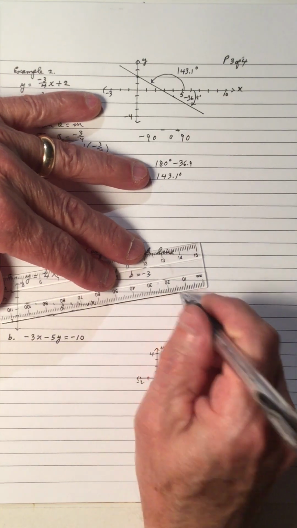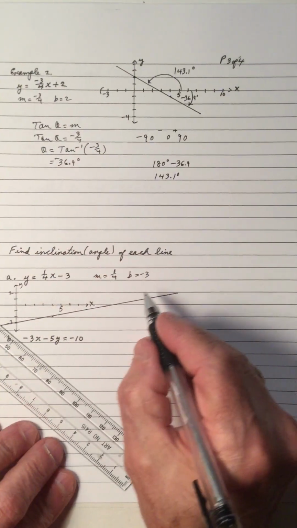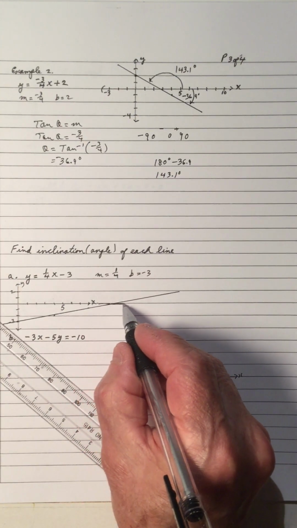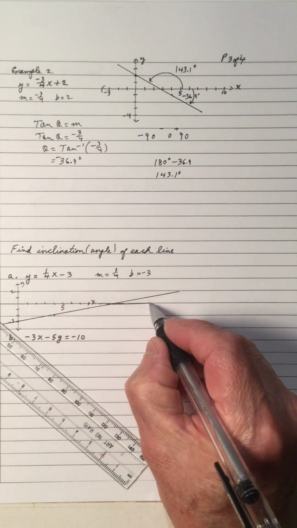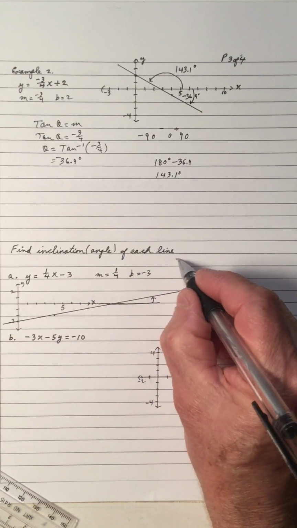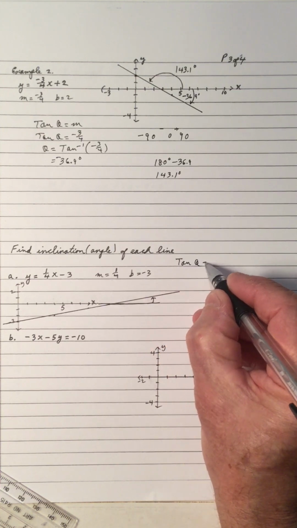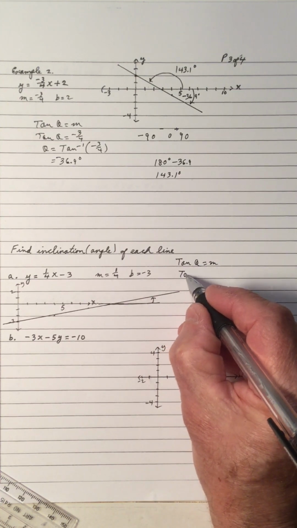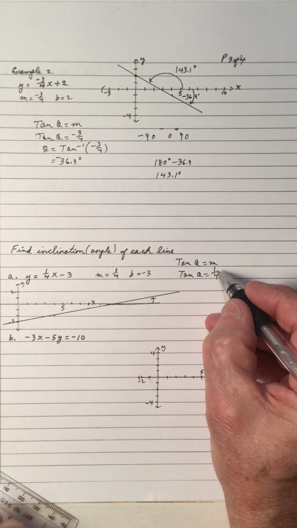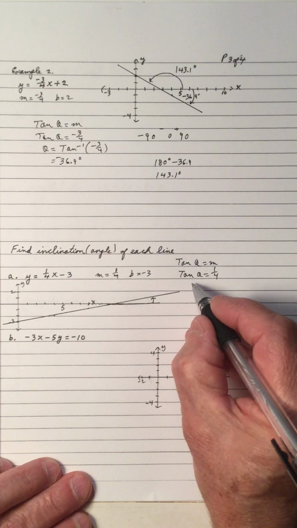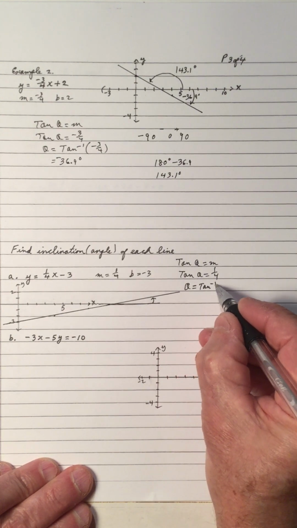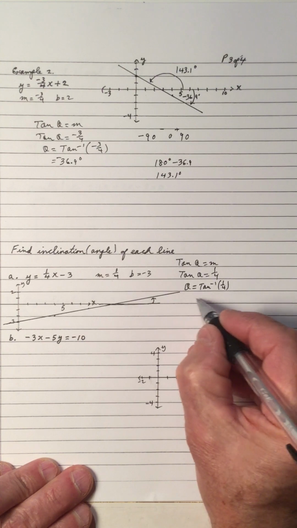So the angle of inclination is this angle right here. So the tan of theta is equal to the slope. So the tan of theta is 1/4, which means theta equals tan to the negative 1 of 1/4.